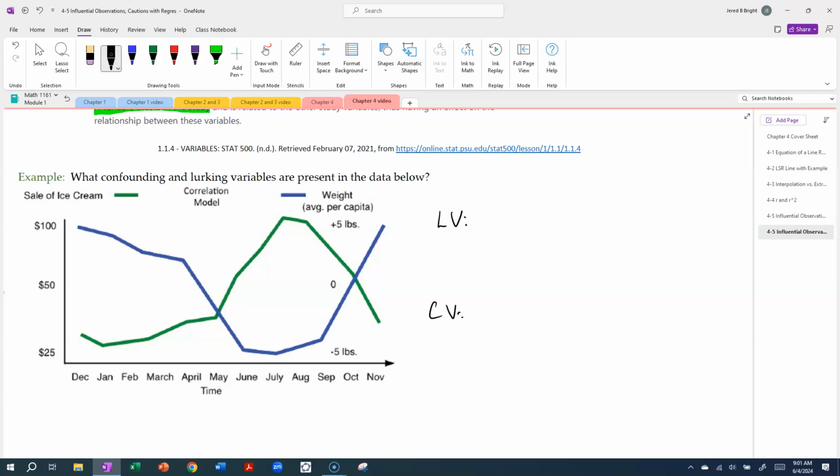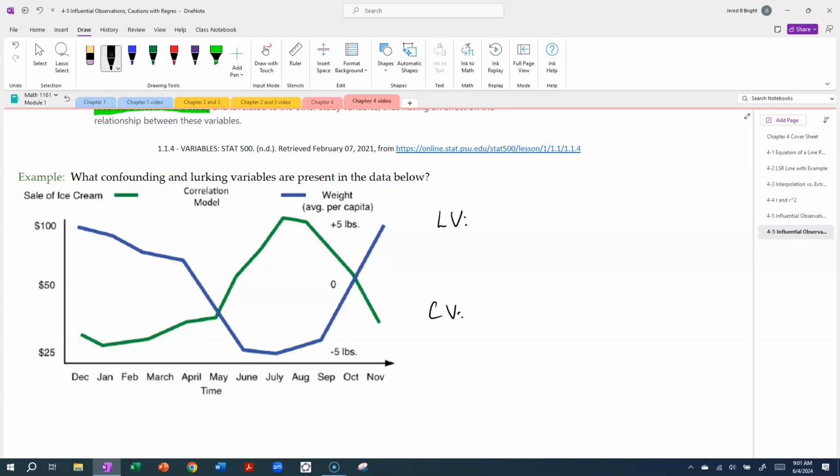As you look at the months, you start out at a higher weight in December, the winter months, and then in the summer months it gets lower, and then it creeps up again in fall. And sale of ice cream is low in the winter months, higher in the summer months.